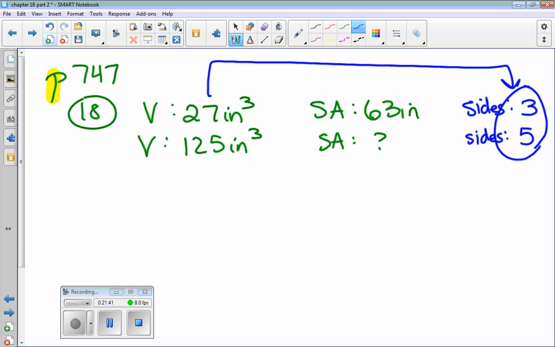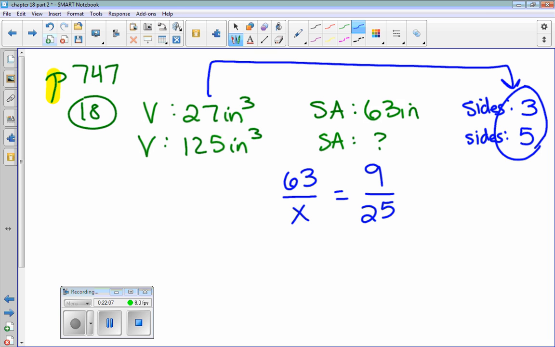So 3 squared would be 9, 5 squared would be 25. So the proportion that I set up is this. Because I had to take the sides and find the ratio of the surface areas. That's where the 9 and 25 came from. But I have to use the 63 in what I'm looking for, and I write a proportion.